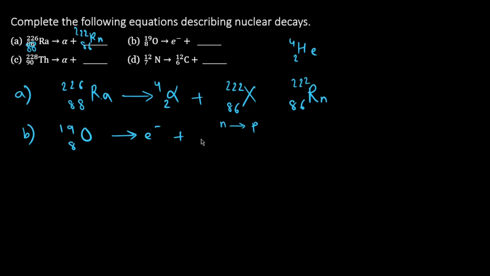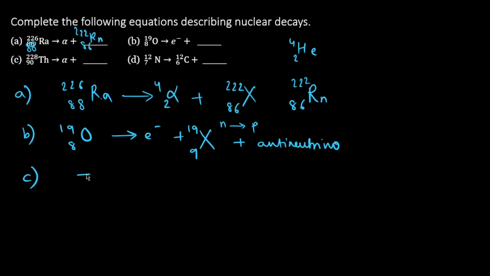So the element that we obtain will have an atomic number increased by 1. So this 8 will become 9, but the atomic mass will be the same. So fluorine 9, 19 plus an anti-neutrino is released, which has a negligible mass.